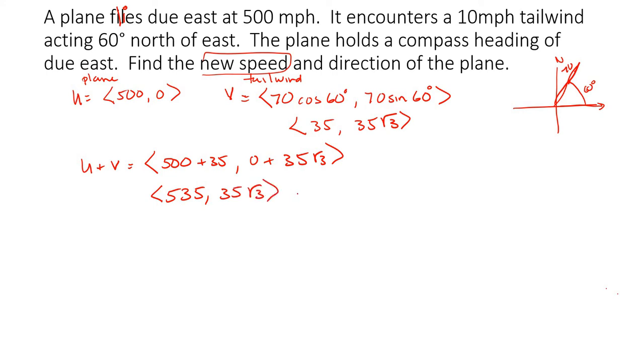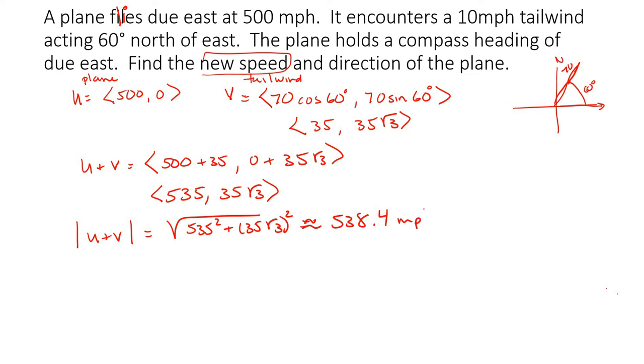That's my new vector. To find the magnitude or speed, the magnitude of u plus v will be the square root of 535 squared plus 35 root 3 squared, which is approximately, using a calculator, 538.4 as my new speed.